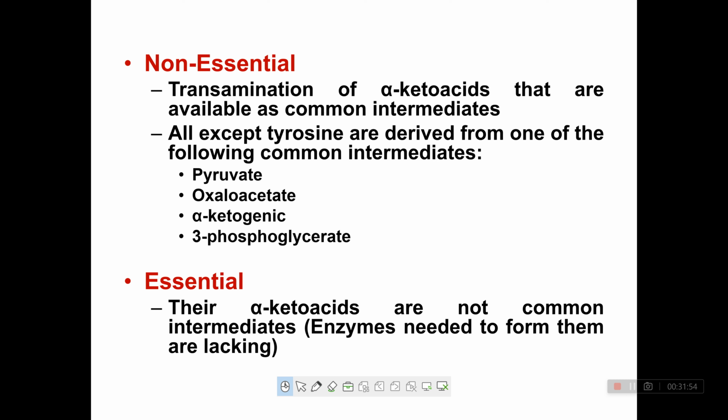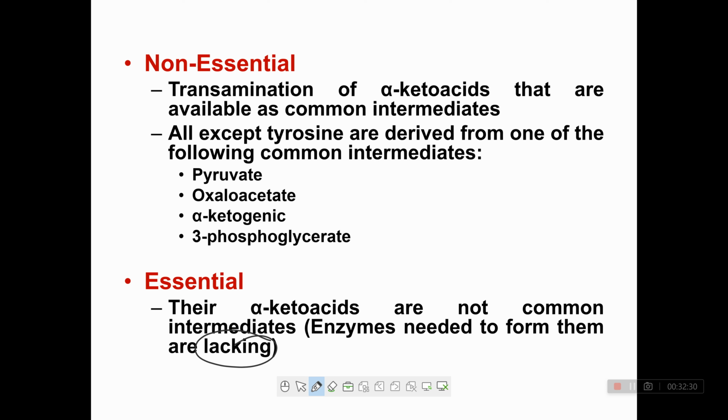And for essential amino acids, their alpha keto acids are not common intermediates. Why are these not synthesized by our body? Because our body lacks the enzymes required for the synthesis of these essential amino acids.